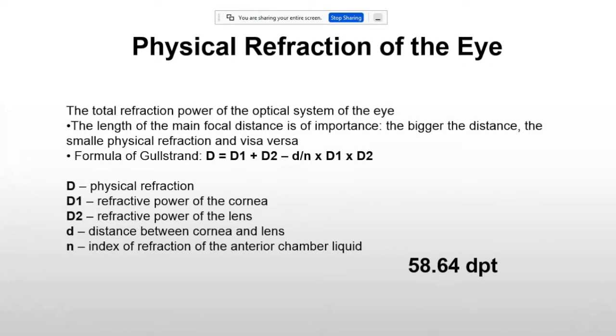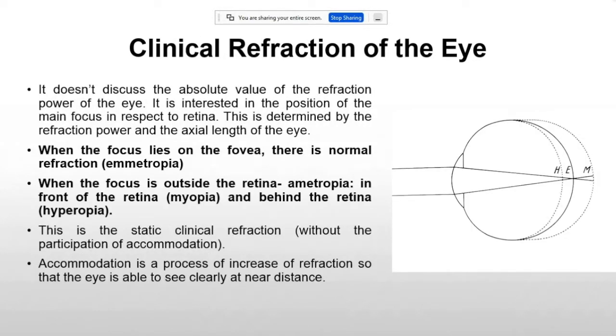That's the formula of the Gullstrand schematic eye, which is mostly used. You see, according to this formula, the refraction power is 58.64 diopters. But thank God, we are ophthalmologists and not physicists, and we are only partly interested in some cases, not as far as refraction, like prescribing glasses.